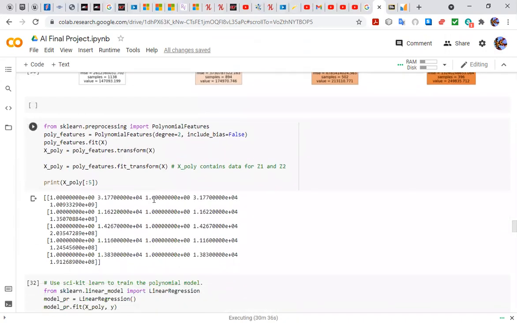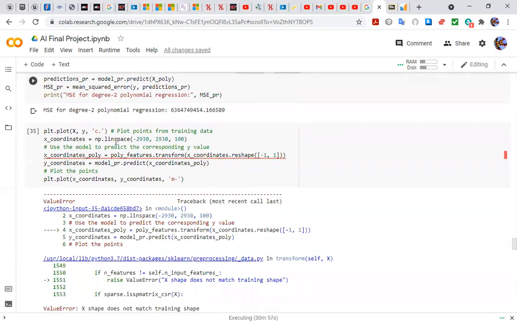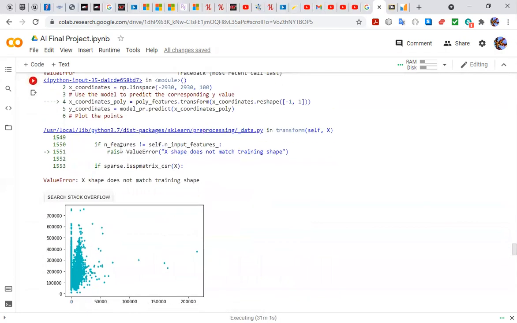Going down further below, we have another data set that we analyze using sklearn polynomial features to try to graph. However, we plot the linear regression to try to plot a line. However, that didn't work out too well for me, as I have some error messages.